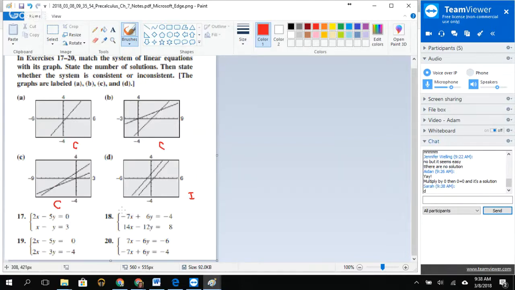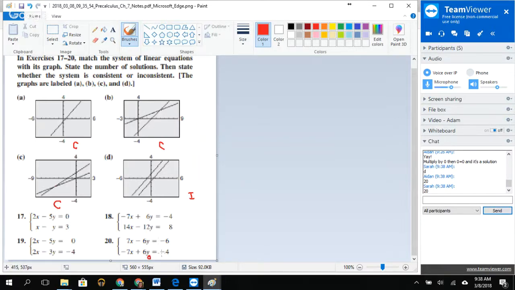Yeah, awesome, Sarah. Exactly. Number 20, and D, right? When you look here, they have your coefficient terms already lined up. 7x plus negative 7x is 0. Negative 6y plus positive 6y is 0. So this is 0.